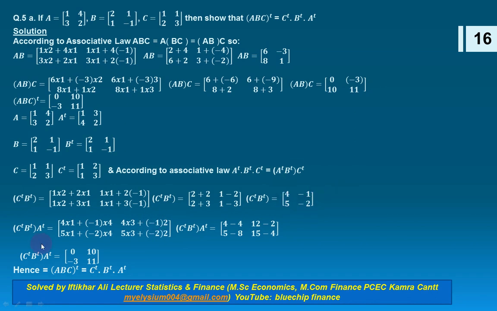After that, we multiply this C transpose B transpose with A transpose, and once again the method is the same. The result is 0, 10, minus 3 and 11, and it is the same as in the case of ABC whole transpose. Hence it is proved that ABC whole transpose equals C transpose multiplied by B transpose multiplied by A transpose.